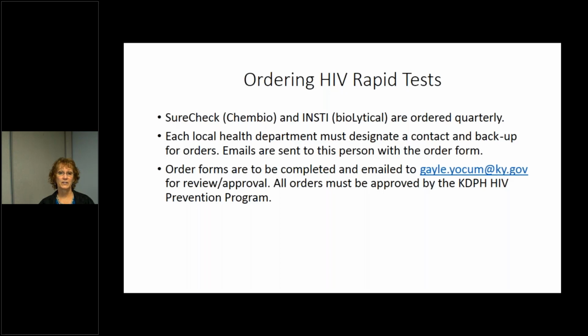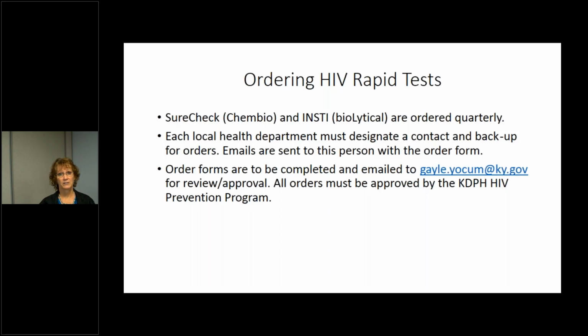And then if the company doesn't hear back, they notify me and say, we haven't gotten an order from whatever county. And then I follow up on that. Now, if something happens that you don't need to order tests at that quarterly mark, but you run out or you run low before the next ordering cycle, there is absolutely no problem with you ordering in the interim.